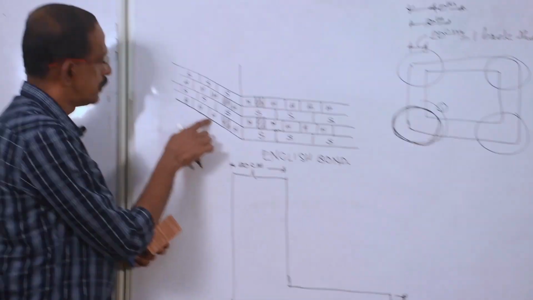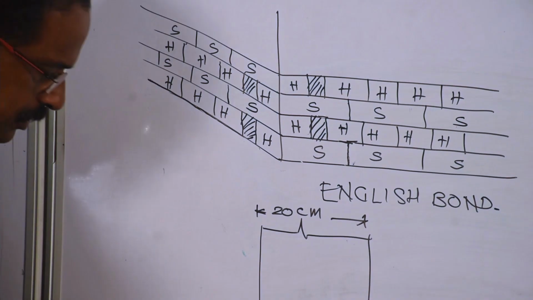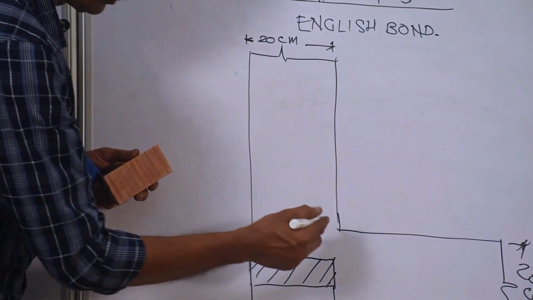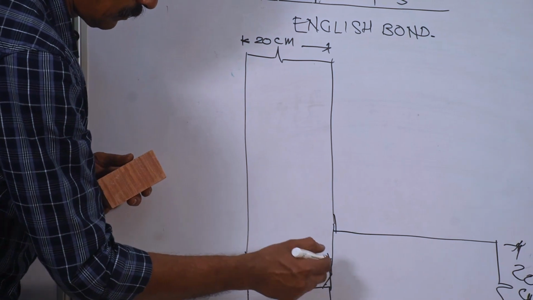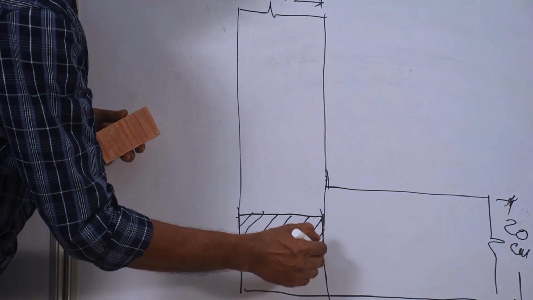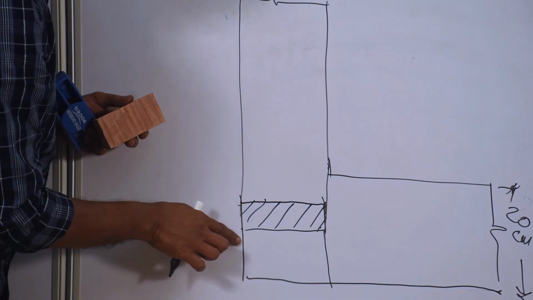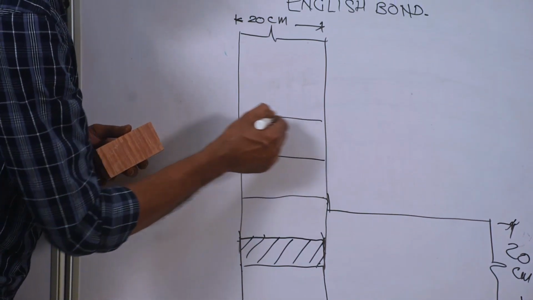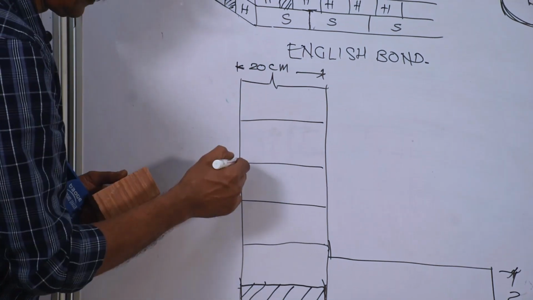What is next? Header. What is next? Header. What is next? Header. So bricks are arranged like this in this direction. Then 15, 25, 35, 45, 55, it will go like that.